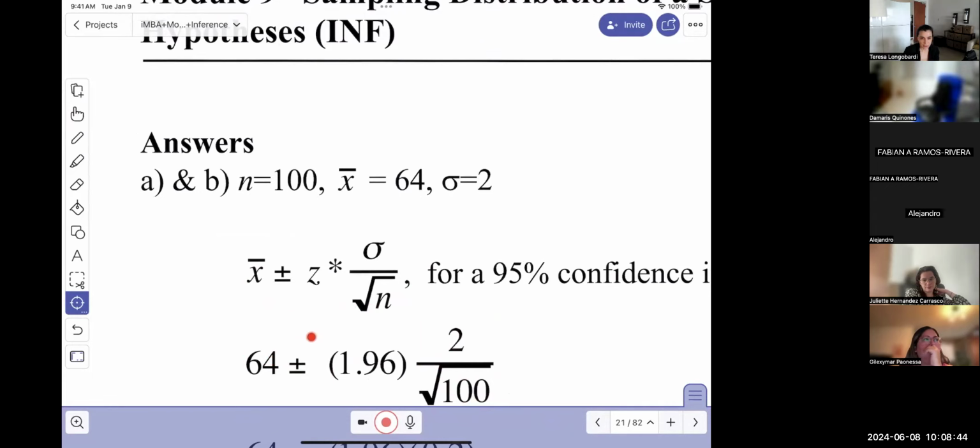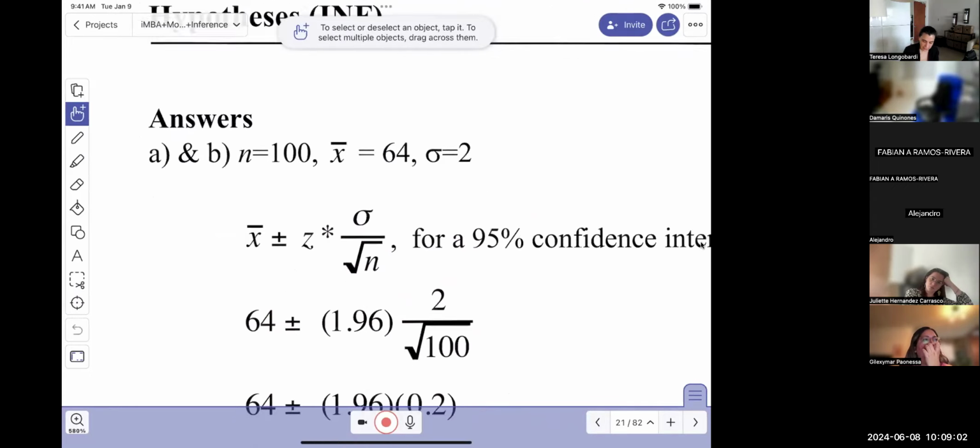And then we were asked for a 95% confidence interval. So from the beginning of the class, I asked you to know about 95% confidence interval, the Z star critical value is 1.96. Okay, so you get comfortable with that.